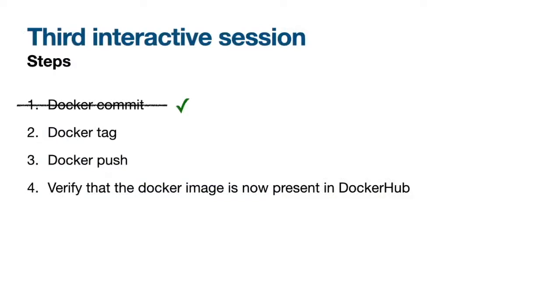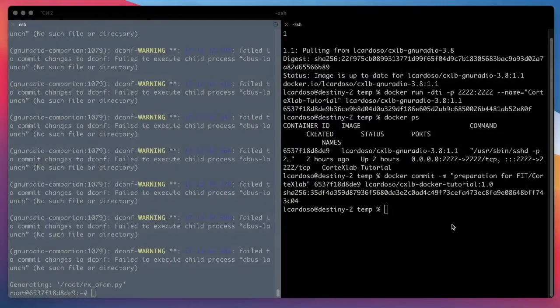Now we have to do the docker tag. The docker tag will prepare the image before we can push it onto the Docker registry. So let's go back to our terminal.